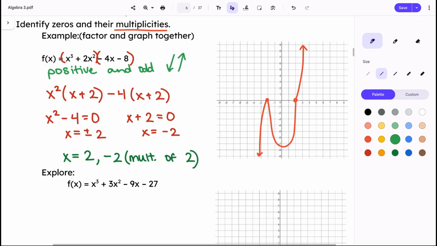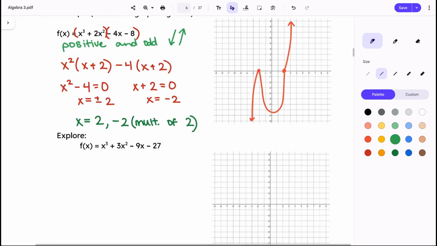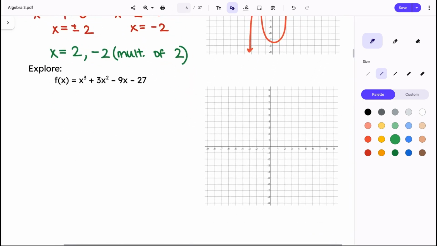So the only main difference I'm adding today is that we are going to start stating when roots are repeated by calling it multiplicity.